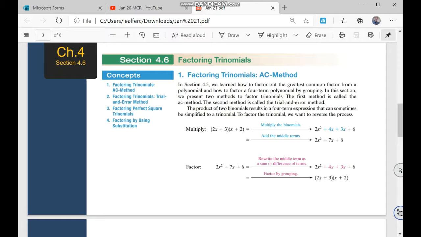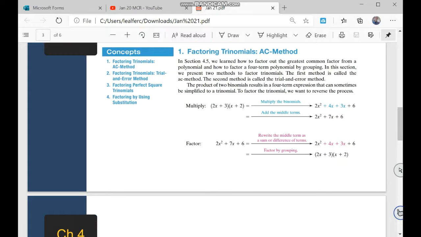Today we will see a method to factor polynomials with 3 terms. Basically, we will change the polynomial from 3 terms into a polynomial with 4 terms, and then apply the knowledge from yesterday, the factoring by grouping. Check the examples here.